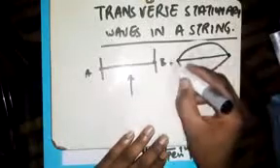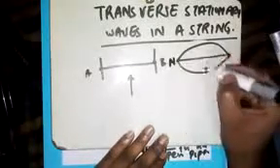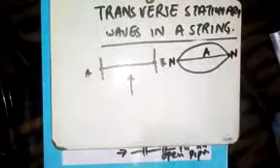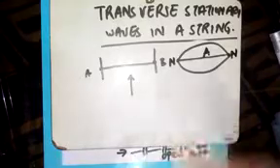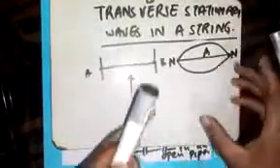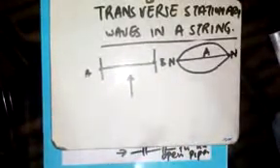Therefore, this is called the node. This is the point of maximum, the antinode, and this is a node. Therefore, if the string is plucked at the middle, it vibrates up and down. As a result, it forms the so-called stationary wave.